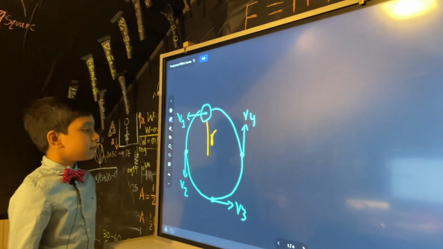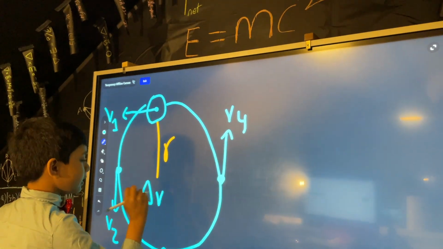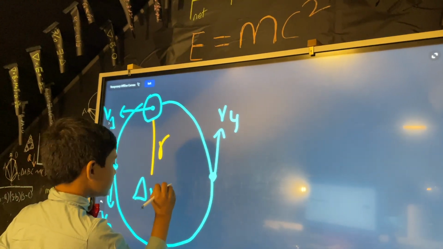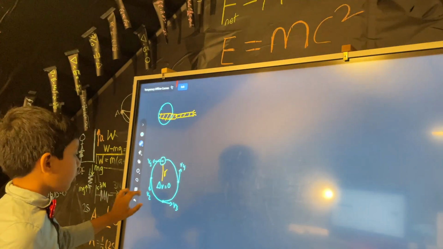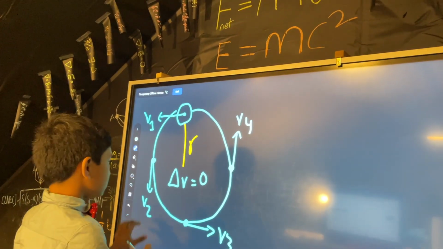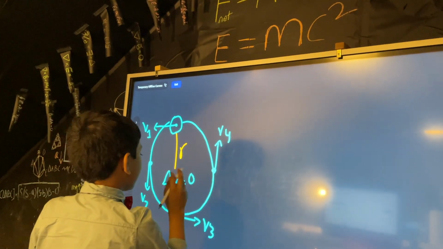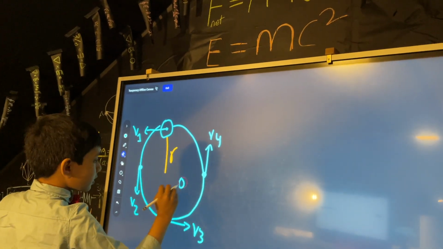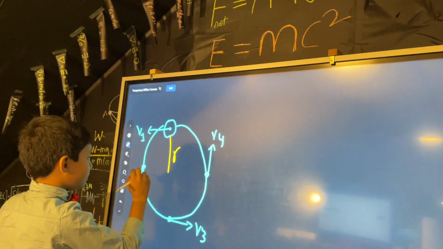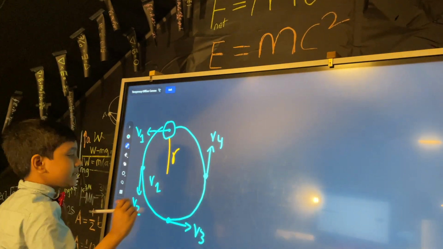So, now let us assume that delta V is equal to 0. Thus, the change of velocity is equal to 0. Meaning that all of this can be defined under one name, V, we'll call it. But these are only equal in speed. These are definitely not equal in direction.